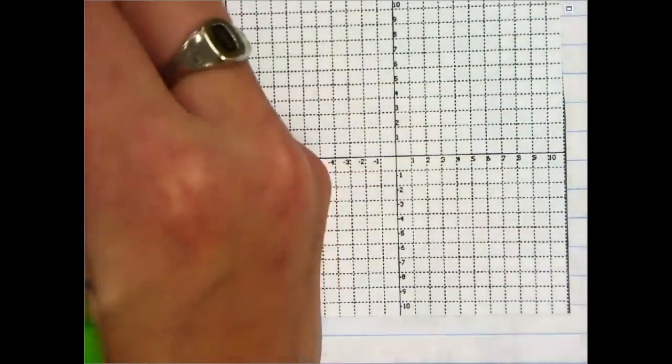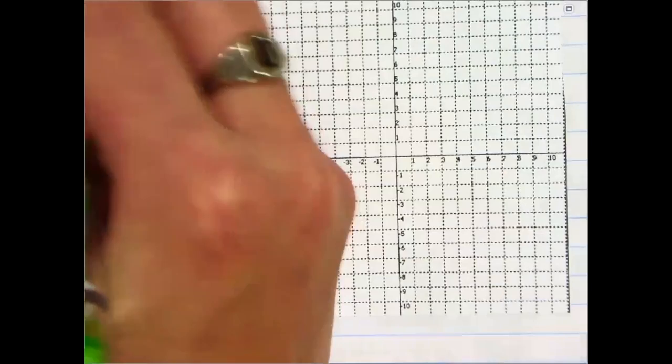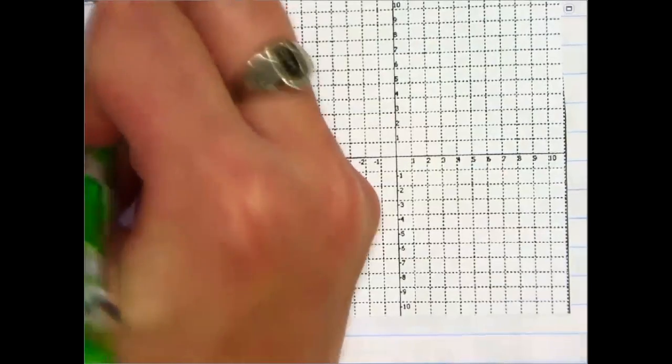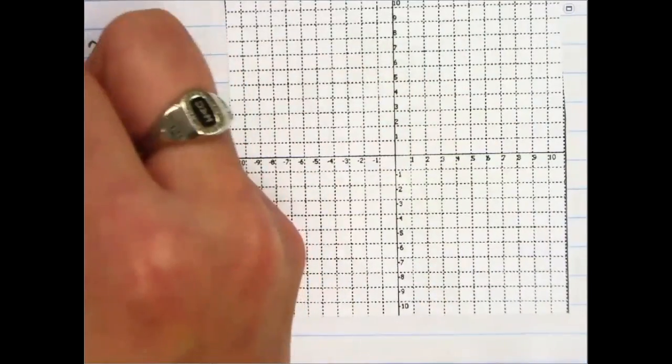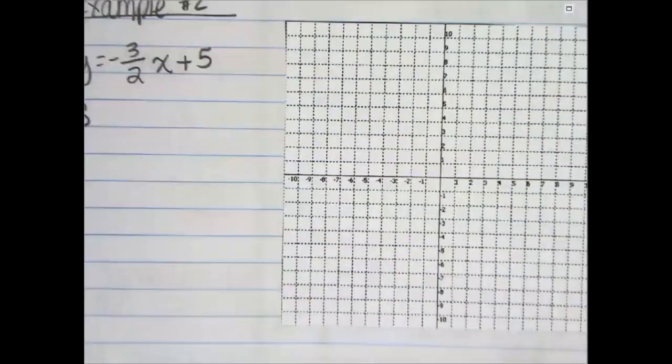All right, let's look at one that has a negative slope. Oh, you can't see that, I'm sorry.